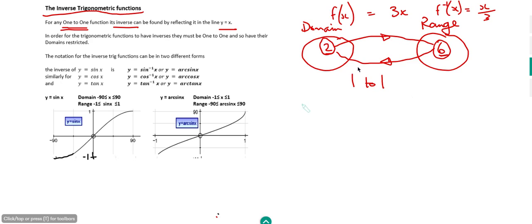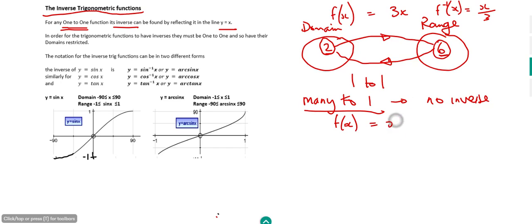If we look at an example now of a many to one, for this one there's no inverse, so I'll try and explain why there's no inverse. So if we looked at f of x equals x squared, then we'll set up our domain and our range again.